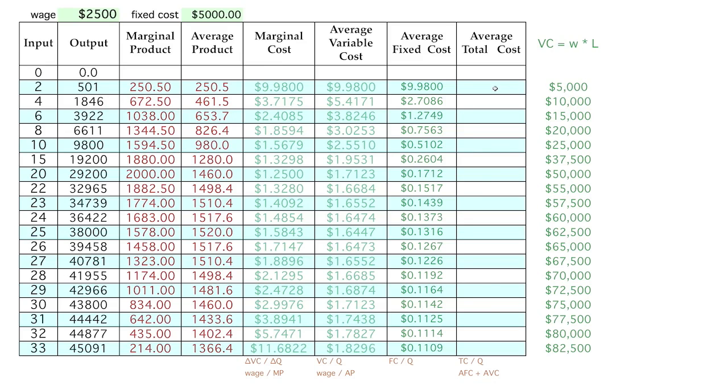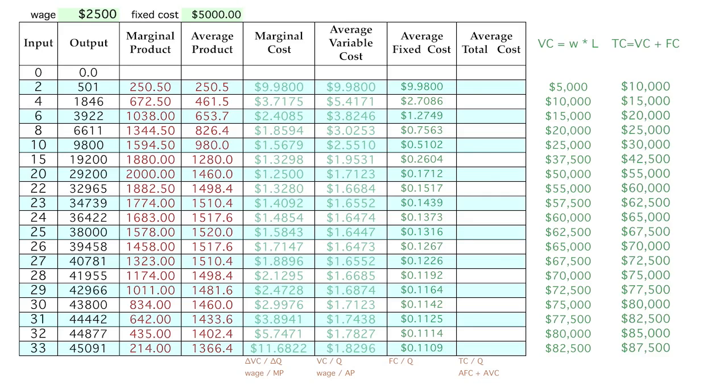So, for example, if you wanted to get the total cost when you're making 501 units of output, what you do is you take the $5,000 fixed cost, you add it to the $5,000 variable cost, and it turns out what you'd get here would be $10,000.